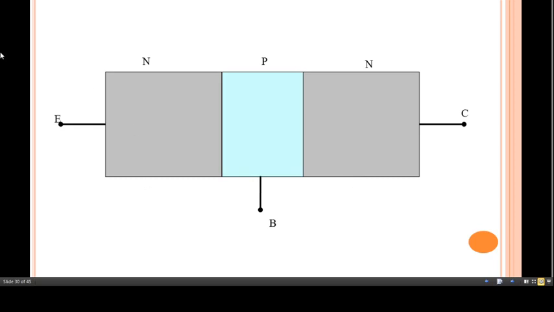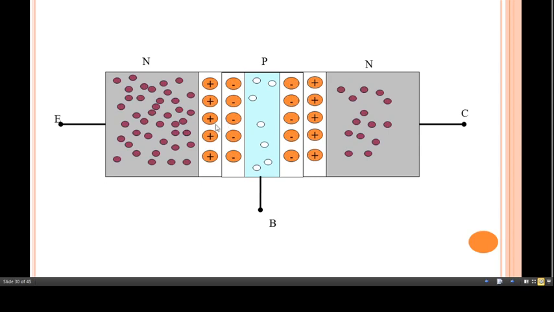Here these 3 terminals, emitter, base, collector, 3 regions, emitter, base and collector. Between base and emitter the depletion region is created, between base and collector depletion region is present. This is one PN junction and this is another PN junction. So total 2 PN junctions are present in this BJT. Due to this depletion region, these ions get uncovered at the depletion region.